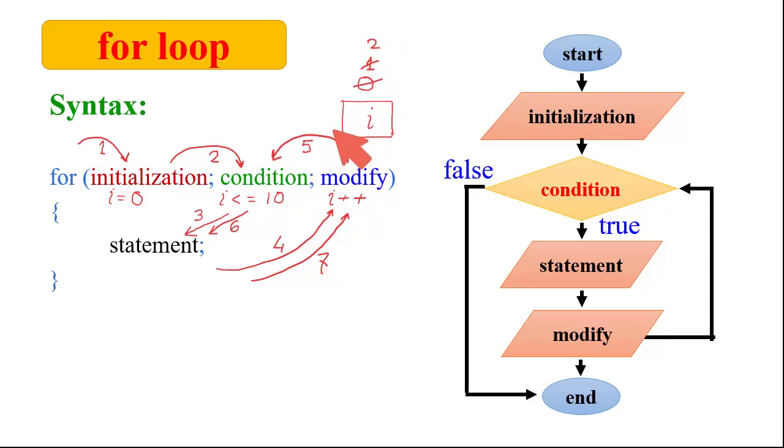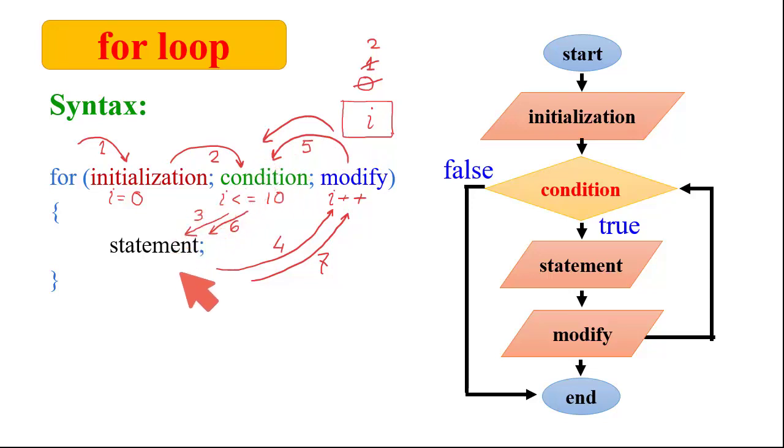Next again it will check the condition. If the condition is satisfied, it will enter into the loop, execute the statements, and again come to the modify operator and check the condition.